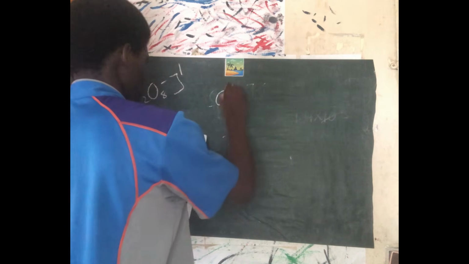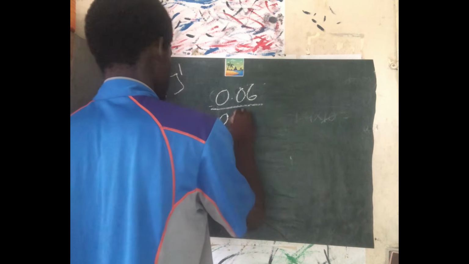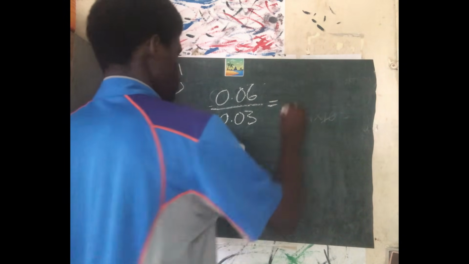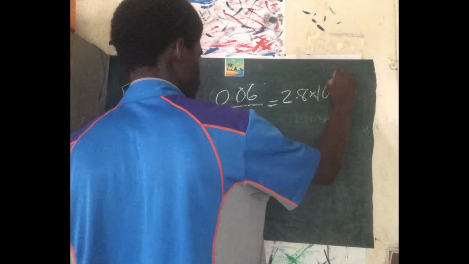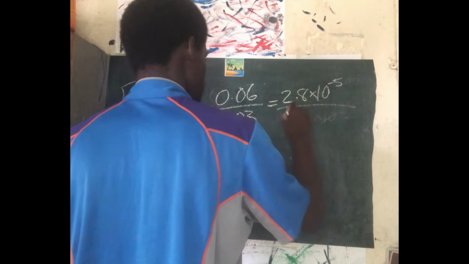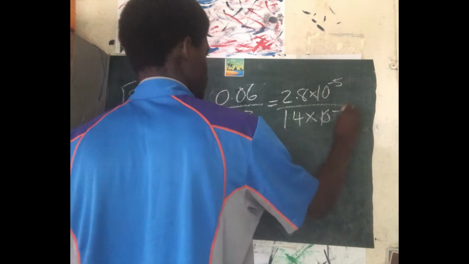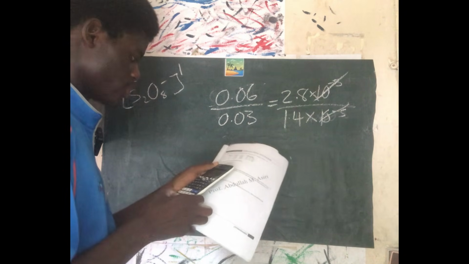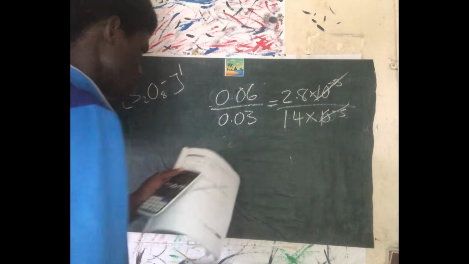That will be 0.06 over 0.03. We are doing big divided by small, so it will be very easy for us to calculate. It was 2.8 times 10 raised to power minus 5 over 1.4 times 10 raised to power minus 5. The raised to power minus 5 can just cancel out. That will be 0.06 divided by 0.03.